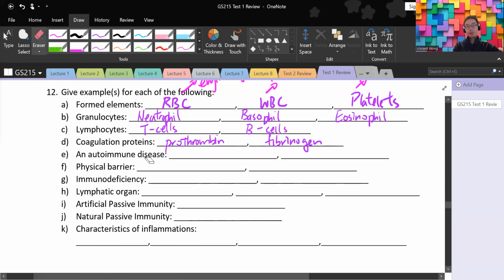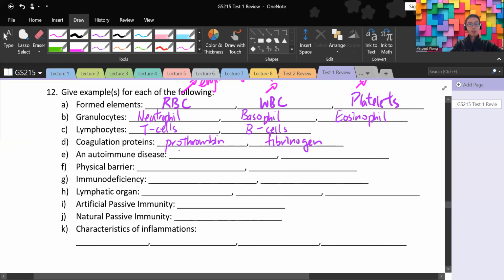Autoimmune diseases, it's probably in the lecture recording. Does anybody know any autoimmune diseases? That's when your body attacks your own cells, right? HIV, it's not an autoimmune disease. HIV is immunocompromised, but good try.